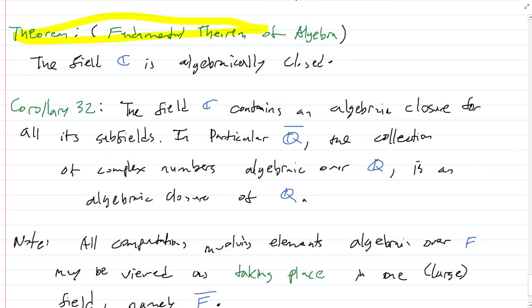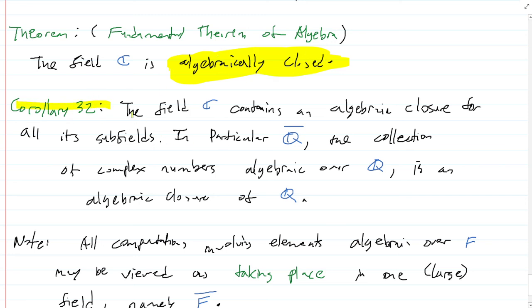Next is the fundamental theorem of algebra, which says that the field C is algebraically closed. So any polynomial with coefficients in C splits completely in C and has all of its roots in C. You can give proofs using analysis, and you can also prove it using Galois theory, which we'll get to later on.